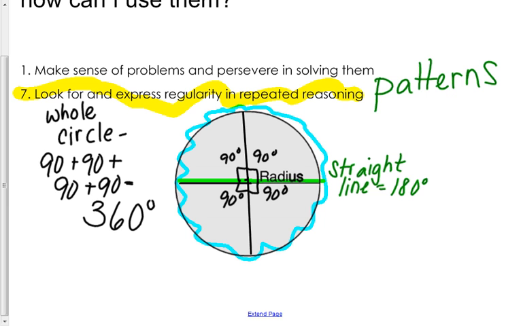What does it look like, Nick? Fourths, or quarters, right? So 1/4 would be 90 degrees, right? So I'm going to jot that. 1/4 equals 90 degrees.